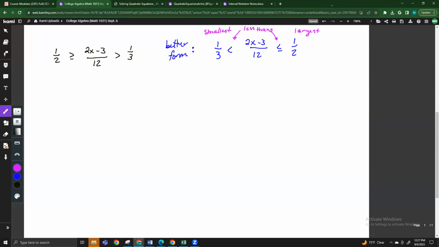However, it's really the smallest to largest that is the bigger problem. So then if I'm going to solve this, we're going to use this color, solve. This is really overlapping itself. That middle stuff, the 2x minus 3 over 12, is repeated. So I can break into 2 equations or 2 inequalities.